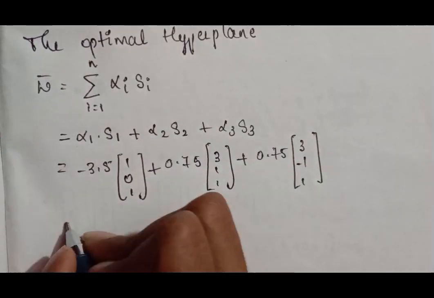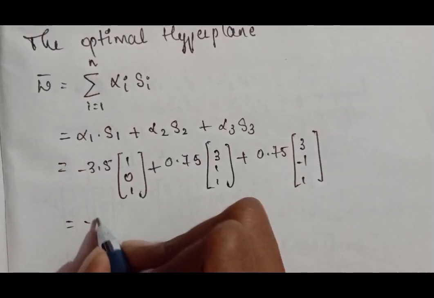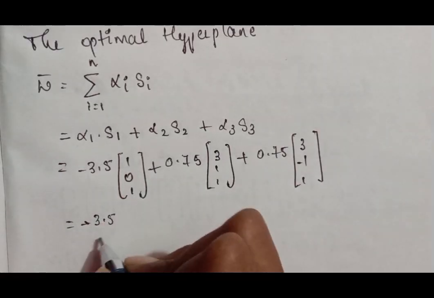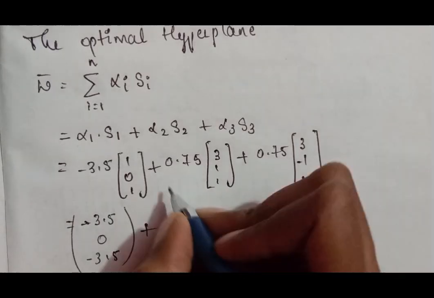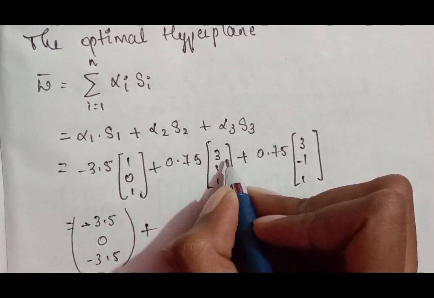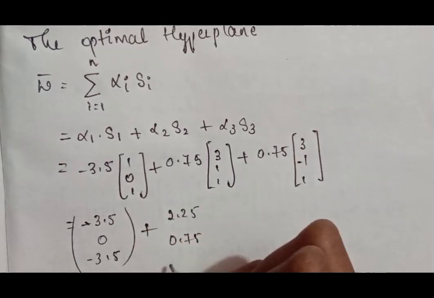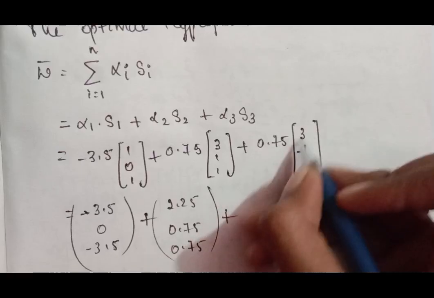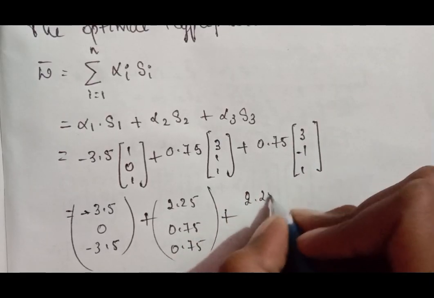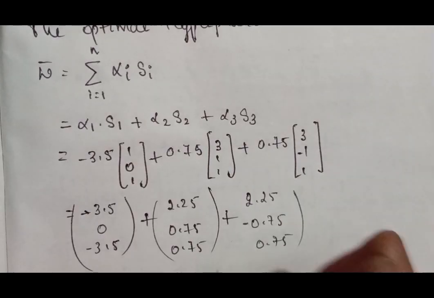So after performing the multiplication, minus 3.5 into 1 is minus 3.5, and 0. Minus 3.5 plus 0.75 into 3, which is 2.25, plus same thing, 2.25, and then 0.75, minus 0.75.